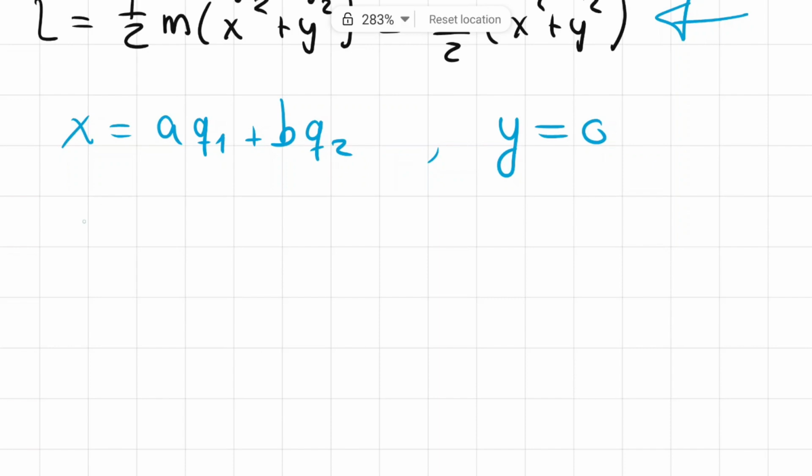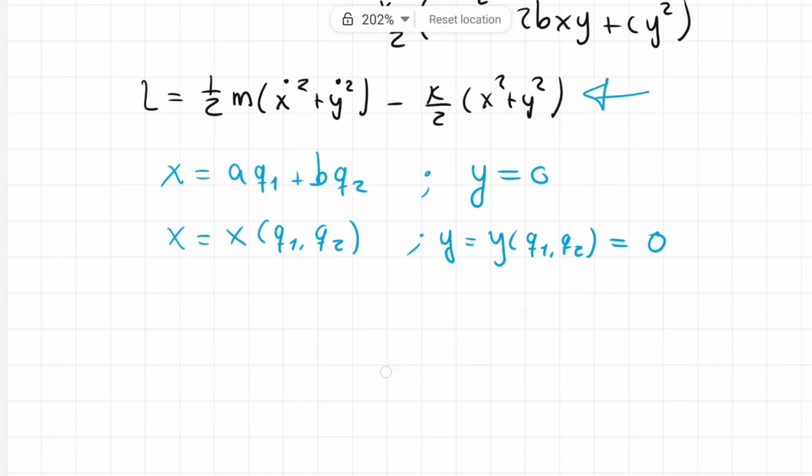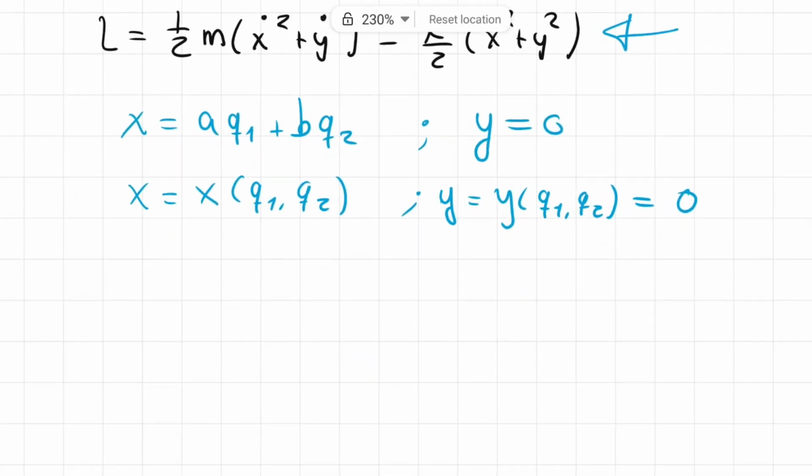Okay, so with this, we can say that x is a function of q1 and q2 that is equal to this expression over here. And then y is also going to be a function of q1 and q2, but it is the function 0, right? So it doesn't matter too much. Okay, so it should not be very hard to do this.